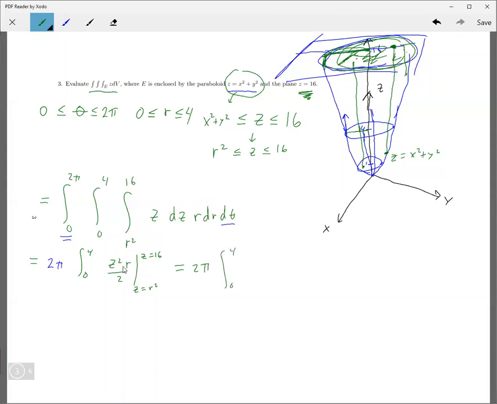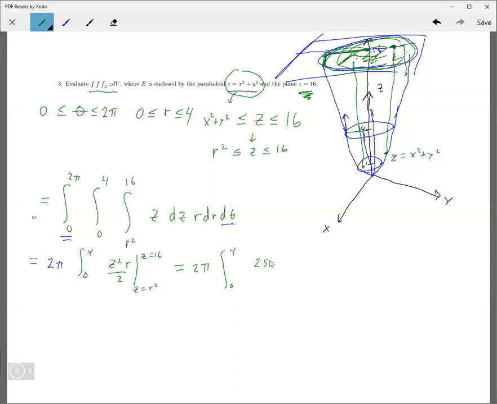You put a 16 in here, and 16 squared is 256.